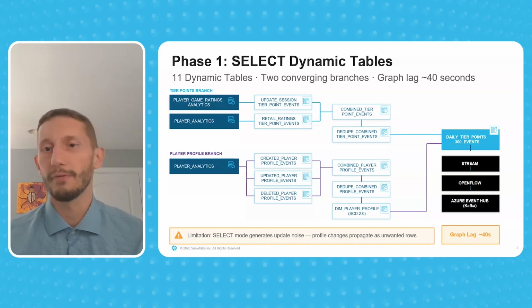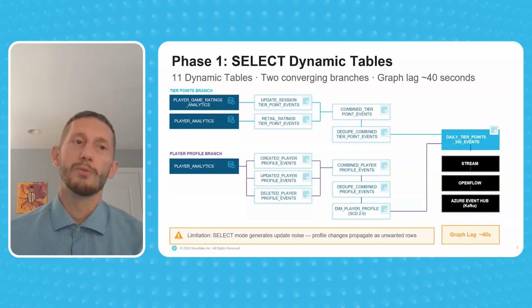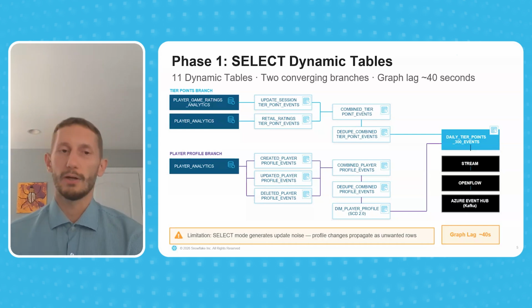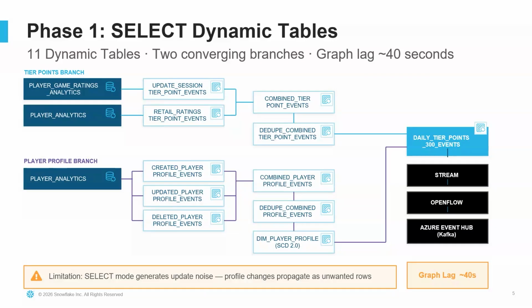And then we use OpenFlow and Azure Event Hub to trigger our application server to issue the food credit itself. And with this first phase approach, we had a lag of 40 seconds. So this means from when data reaches the Snowflake native landing table until the server side issues this food credit, usually we have 40 seconds lag.